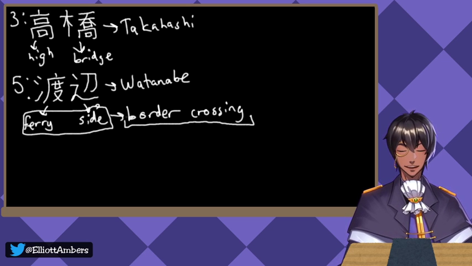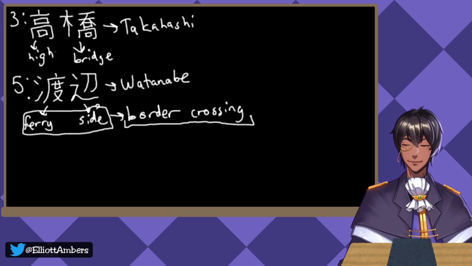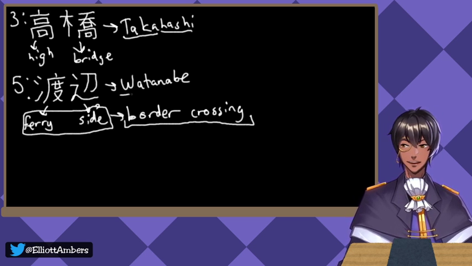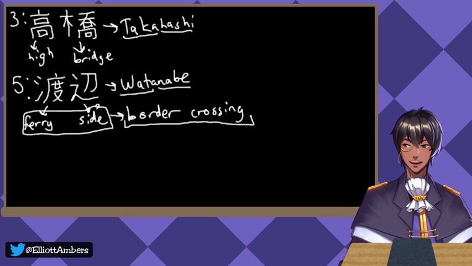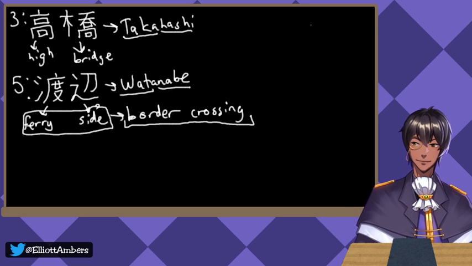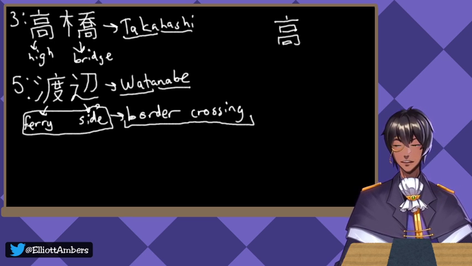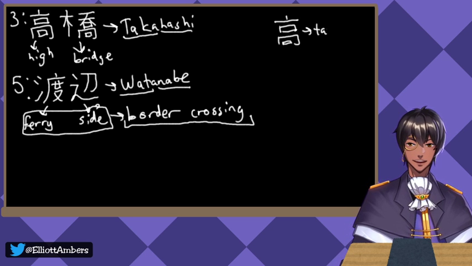Next. These next four names are actually going to be a little bit different. As I mentioned before, each of the names we've gone through so far, with the exception of Shimizu, use what we call the kunyomi reading, or the Japanese reading. Like the character for high: the Japanese reading, the reading they came up with after taking the character from China, is Taka.